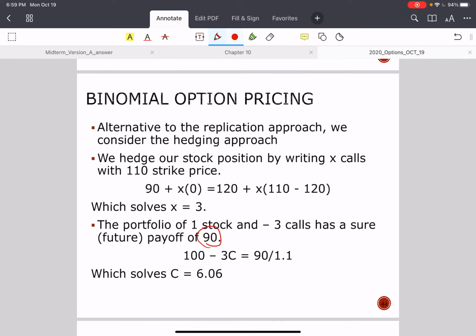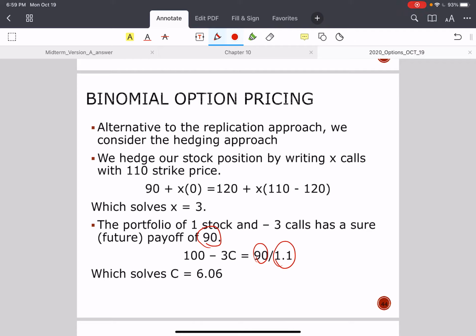Because this $90 is riskless, that is, no matter what happens, it's always $90, you could discount this $90 using the 10% risk-free rate, right?